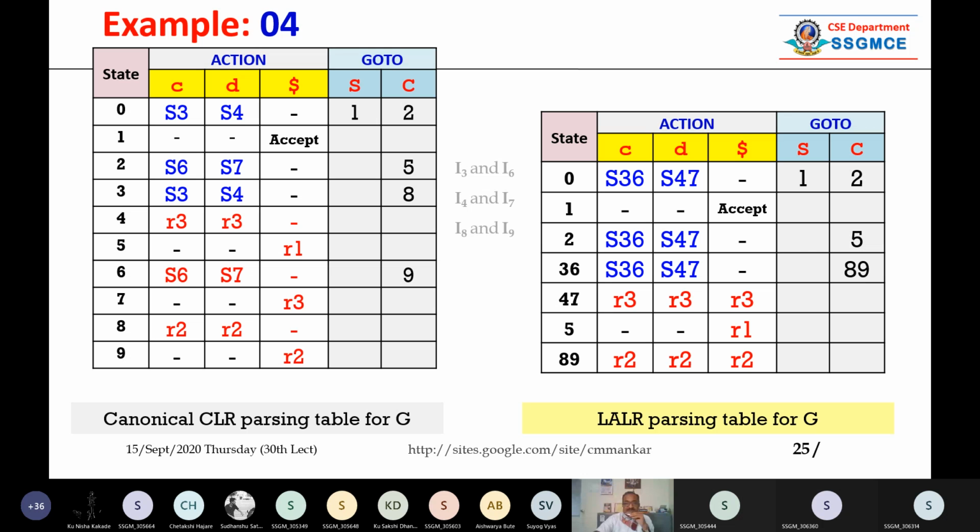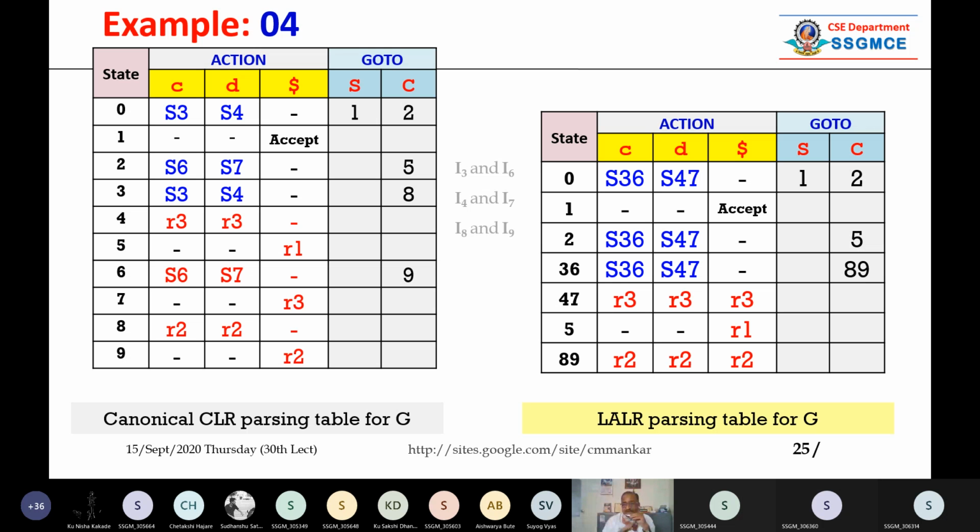In the CLR table, state 3 has S3 and S4, and the GOTO of C is 8, right? And in state 6, in red color there is S6 and S7, and the GOTO in the same row is 9. GOTO of capital C is 9. So in state 36 in the LALR table, it is 89, right?